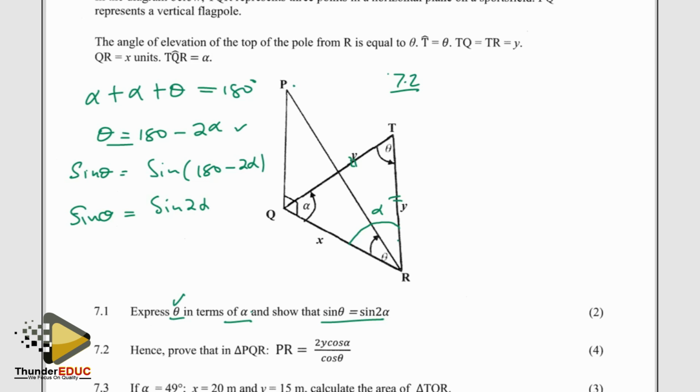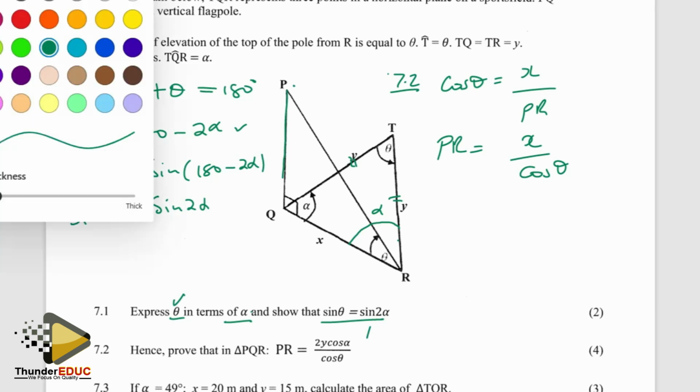So I can use the cosine ratio and say the cos of theta, using this triangle PQR, is going to be X over PR. Make PR the subject: X over cos of theta. But this expression does not have any X involved.